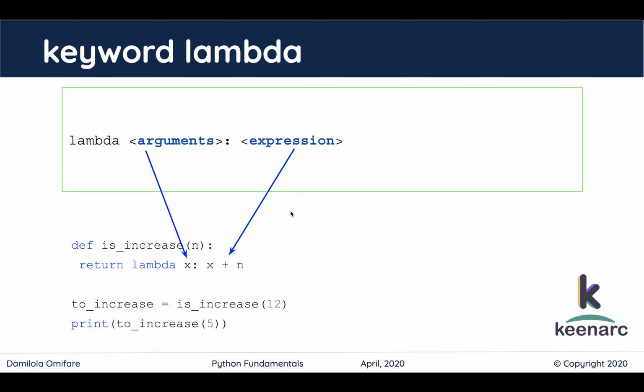And as you can see in the code block below, you call the keyword lambda, the argument I'm passing in here is x, and the expression here is x plus n.